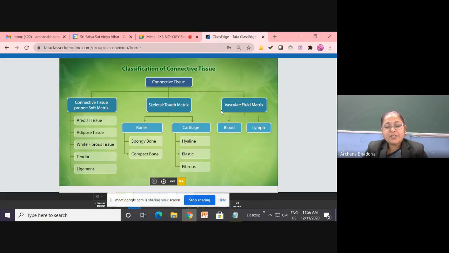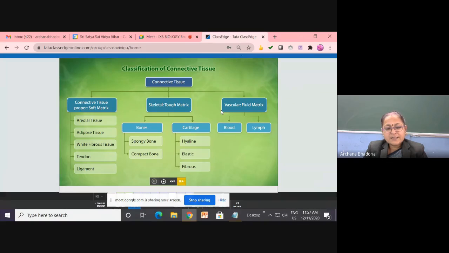The classification of the connective tissue is very, very important, children. In your textbook, this table is not given. So areolar tissue, adipose, tendons and ligaments, 4 types.